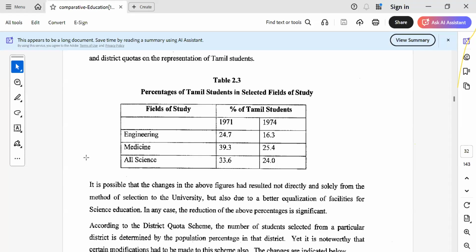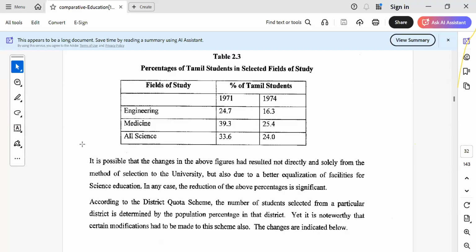That means after this standardization and district quotas, the percentage of Tamil students is decreasing, right?